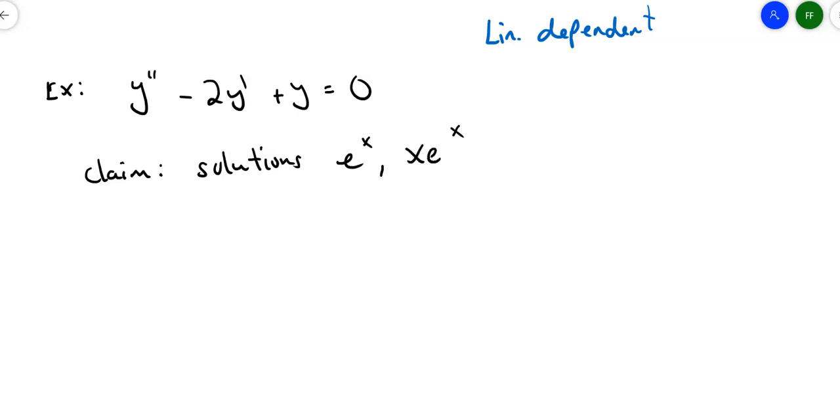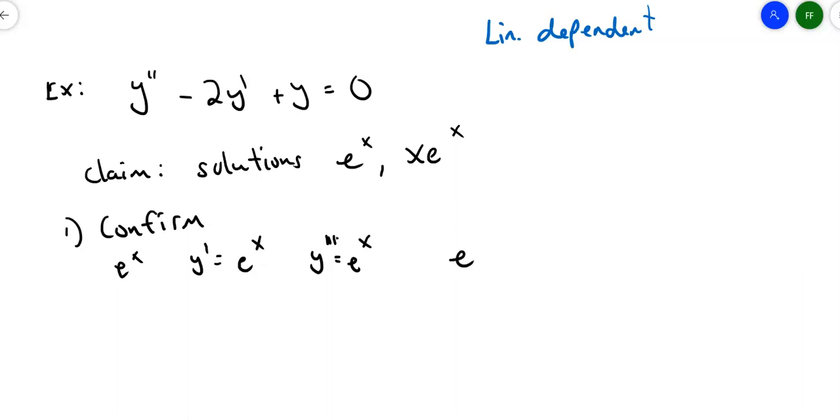The first thing I can do is confirm this. What is y prime? If I do it for e to the x, y prime is e to the x, y double prime is e to the x. So if I go back into my original equation, I'll get y double prime minus 2y prime plus y, right?